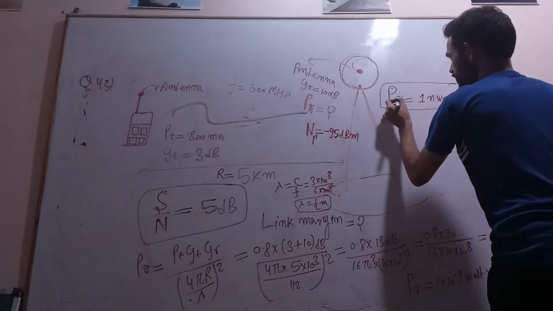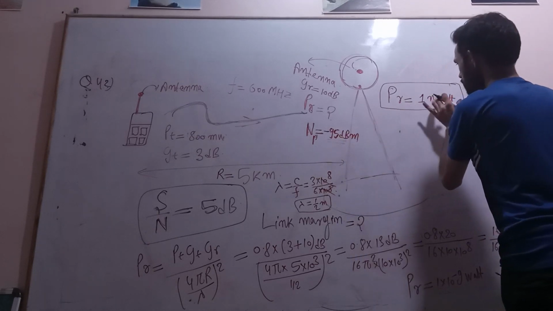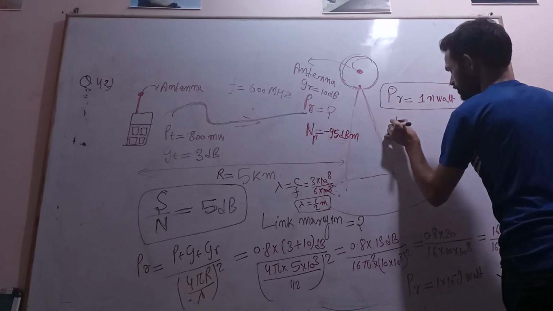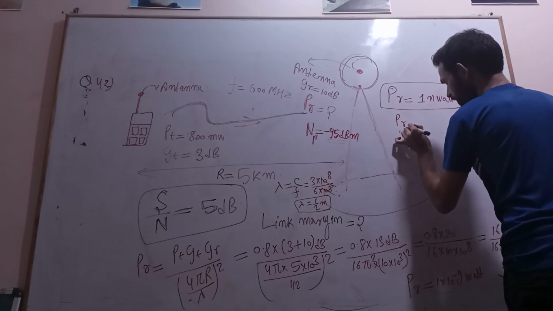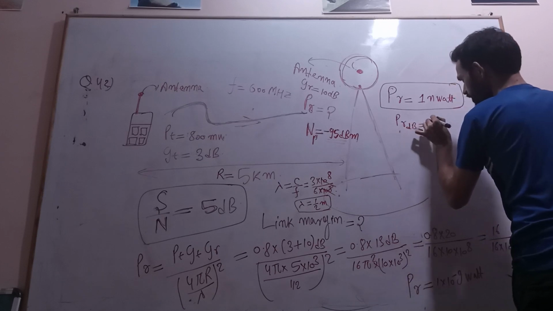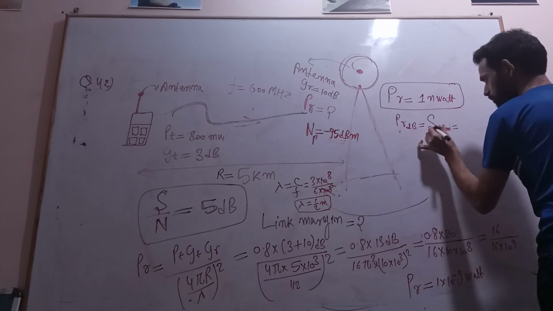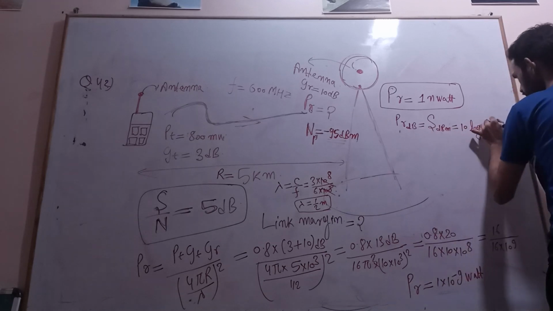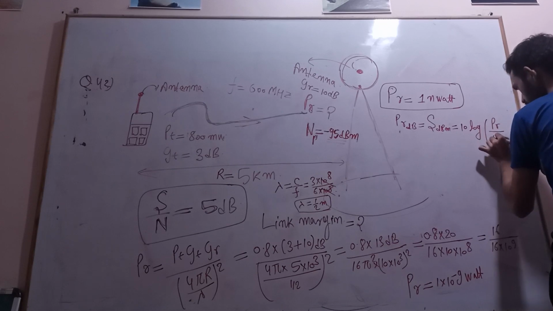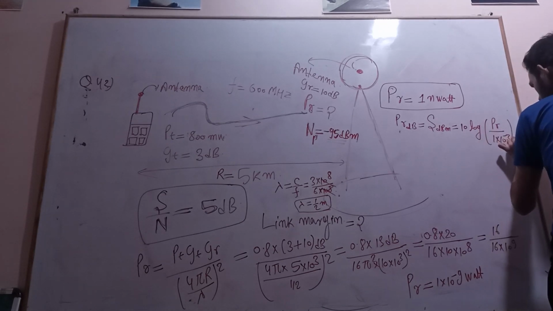This received power is in nanowatt, so let us convert it to dBm. Received power in dBm is signal power in dBm, which is 10 log of received power divided by 1 into 10 to the power minus 3.